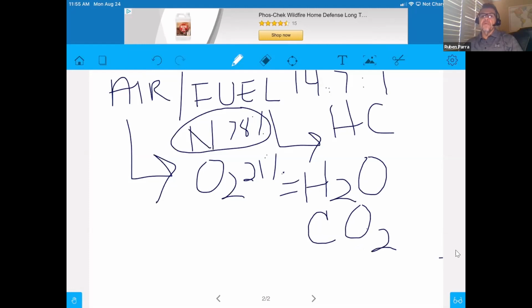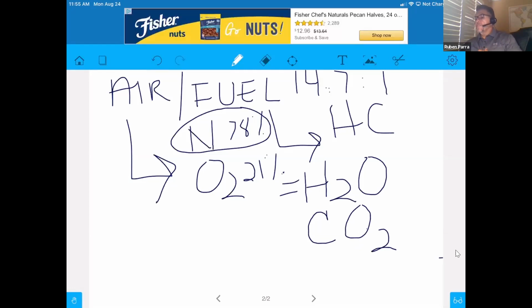And carbon dioxide, by the way, is basically what we as humans exhale after we use the oxygen, right? We inhale air, but we use the oxygen, and we exhale carbon dioxide, okay?